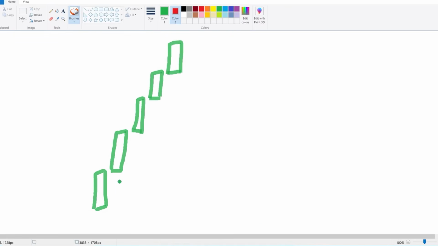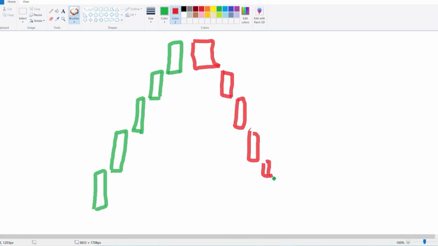Now let's assume that the price has moved up with 5 green candles, but then we see a red candle, another one, then another, one more, and another one, then another, one more. So the price drops with a series of candles.